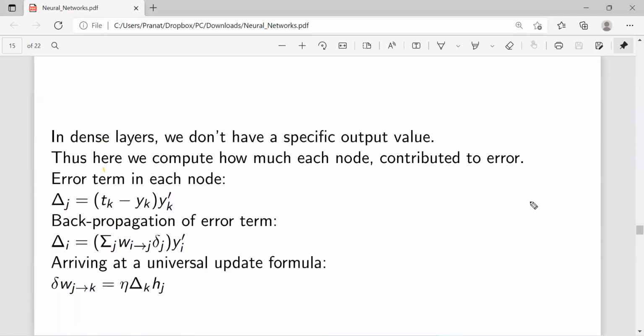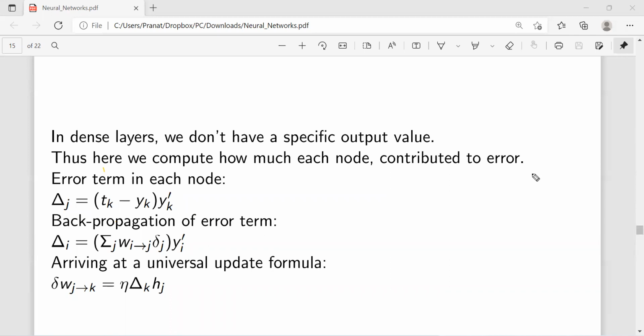Now let's talk about hidden layers or dense layers, whatever you call them. In dense layers, we don't have specific output values. You can see them as helping layers to get a desired value. Basically we want to go from input to output, of course, that's our basic intuition. But going from input to output, we have some quote unquote helping layers, which we call dense layers or hidden layers. We don't have any specific values for these because there is no desired output from each of them.